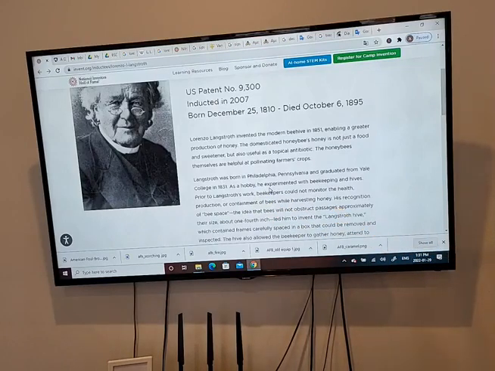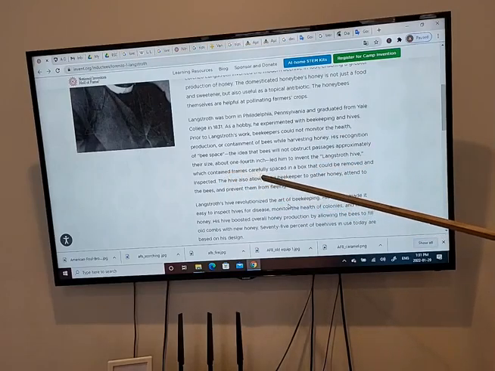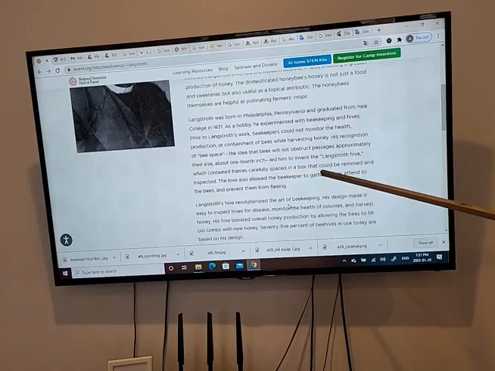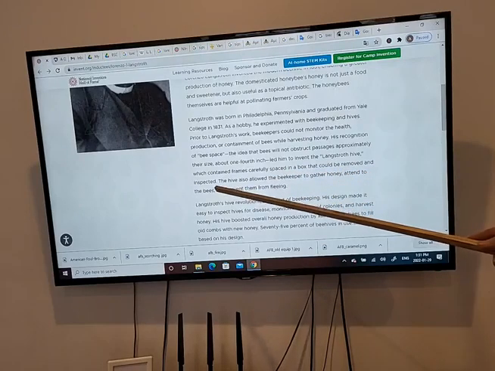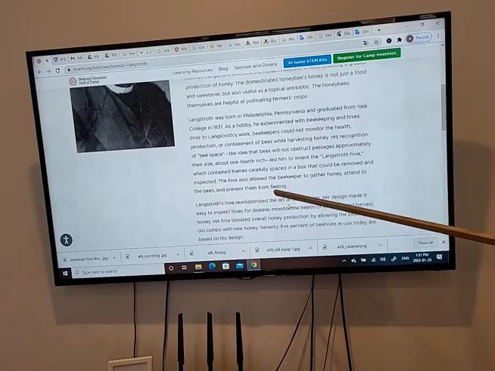His recognition of bee space, the idea that bees will not obstruct passage approximately their size, about 1/4 inch, led him to invent the Langstroth hive, which contained frames carefully spaced in a box that could be removed and inspected. The hive also allowed the beekeeper to gather honey, attend to the bees, and prevent them from fleeing.